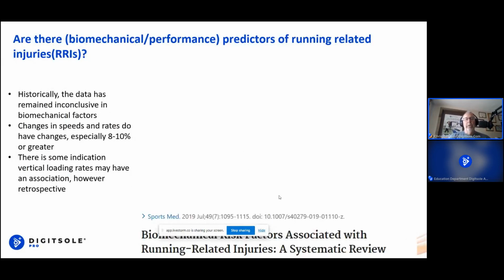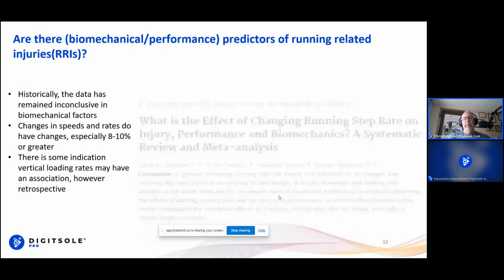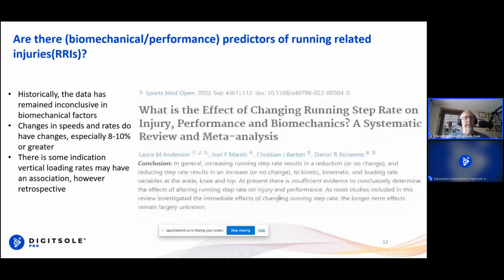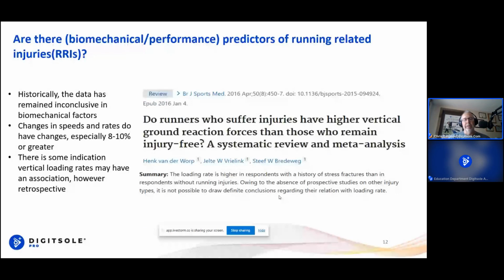But historically, we don't have a lot of good data on predicting running injuries, for example, at least with consistency in the literature. But a lot of that is because it's always retroactive. It's kind of looking at injury data in general, in particular sports, where we may not have all of the complete mechanisms.